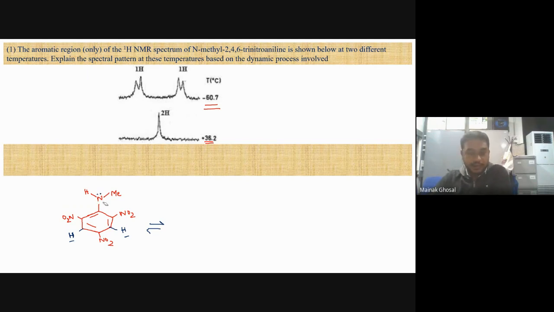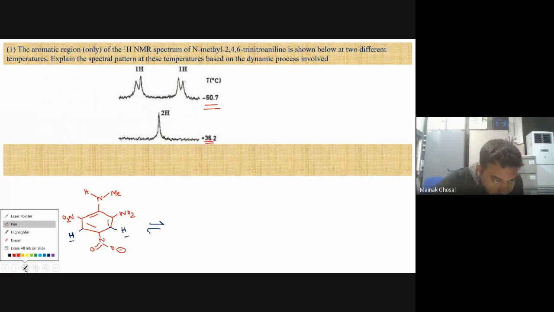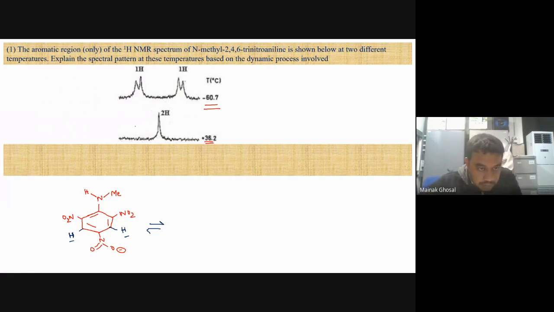Let me write NO2 like this. This lone pair of nitrogen will go here, and it will go here, so there is an extended resonance.